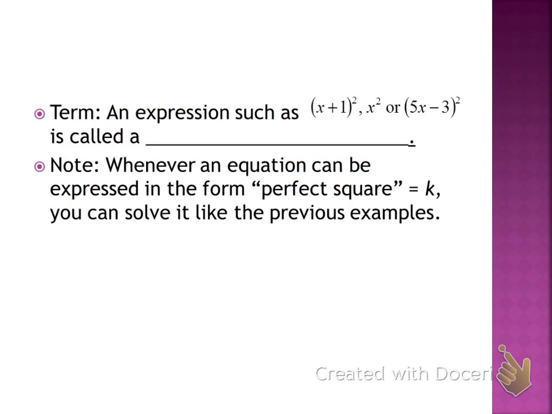An expression such as x plus 1 squared, x squared, or 5x minus 3, the whole thing getting squared, is called a quadratic expression because it has what exponent? Squared.